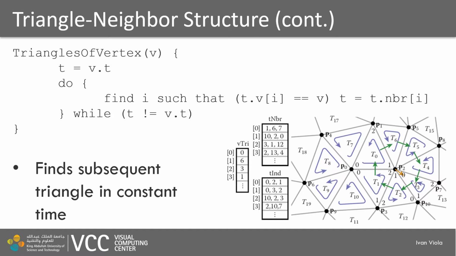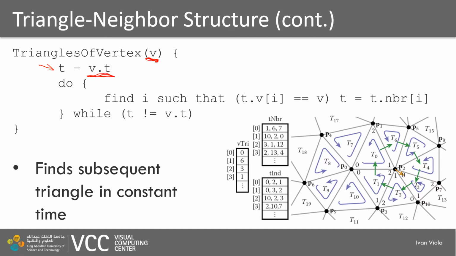Here we have a short code for that, where we have our vertex as the input, and we know from this triangle neighbor structure that in our vertex array we have an index to one triangle. So we store this one triangle index into this variable t, and then we will be searching.